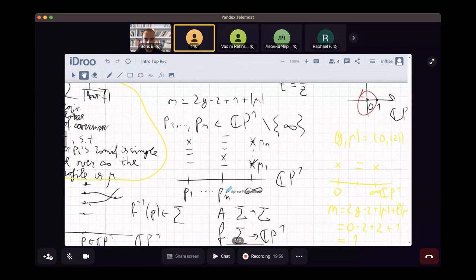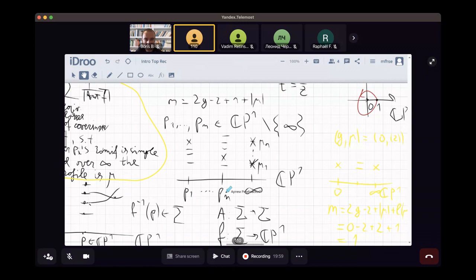So how many equivalence classes are there? You're saying that only one, but why? We have a representative of this equivalence class. It's this guy, with an explicit formula for this function f from CP1 to CP1.